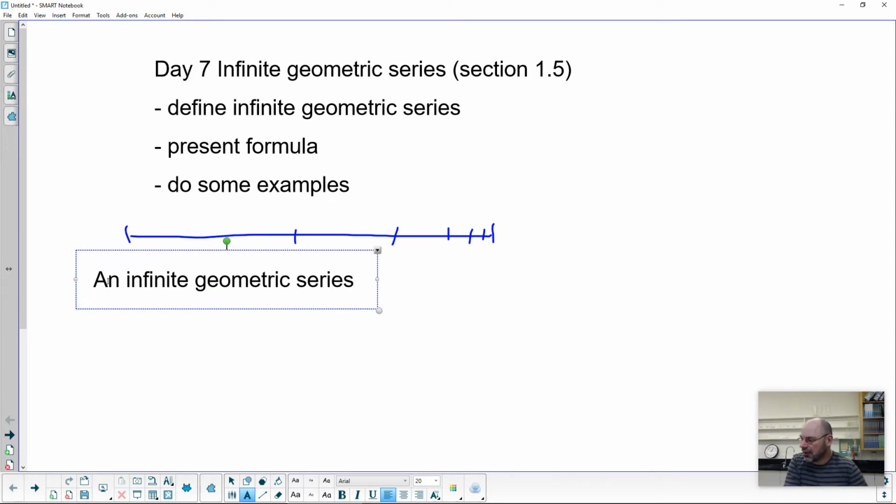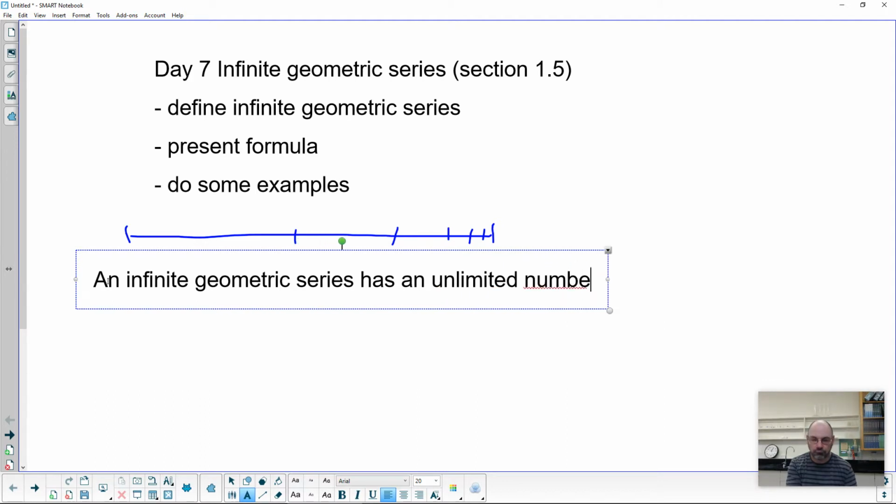It has an unlimited number of terms. Basically it is geometric and it goes on and on.